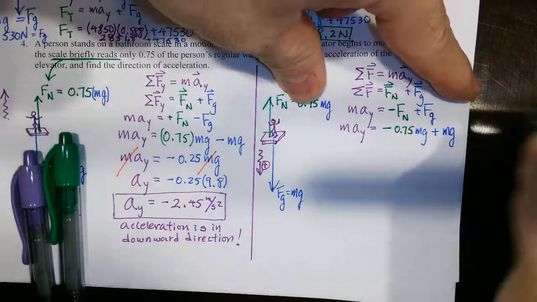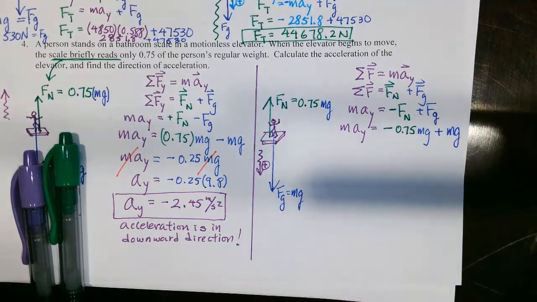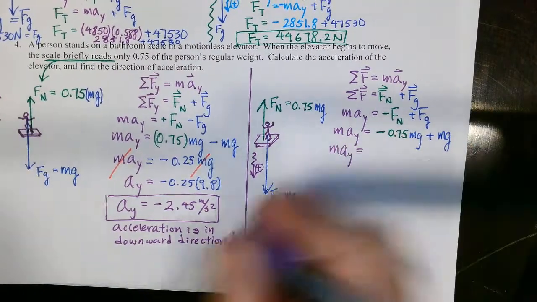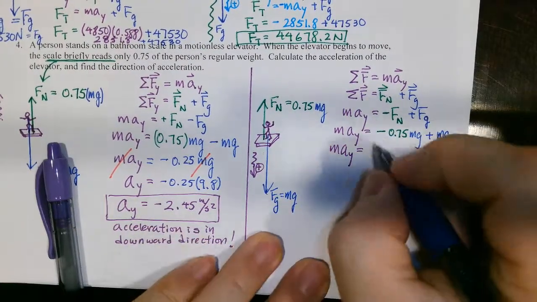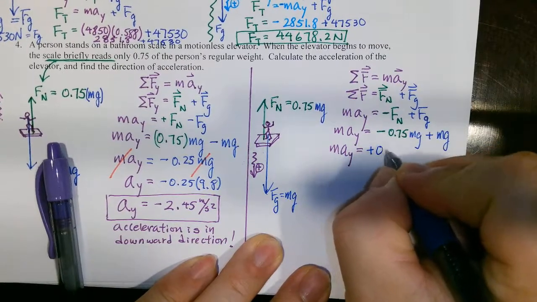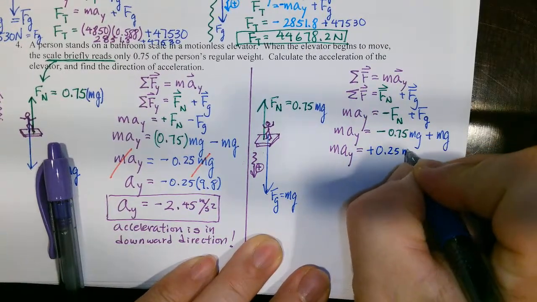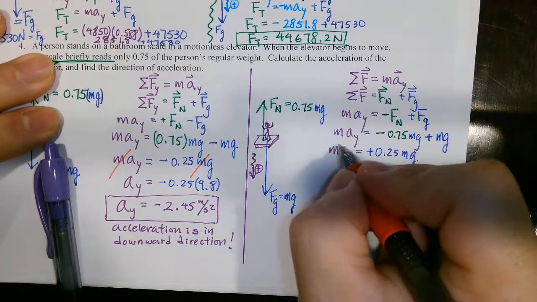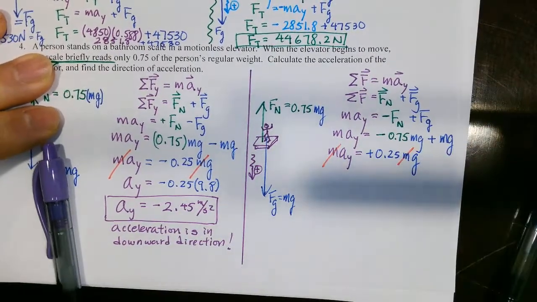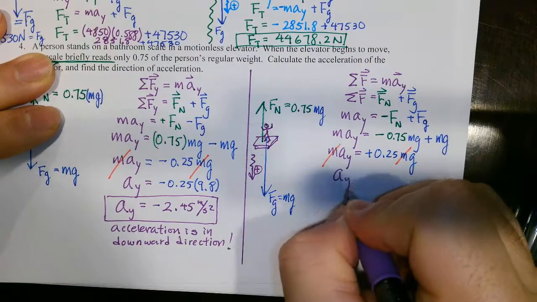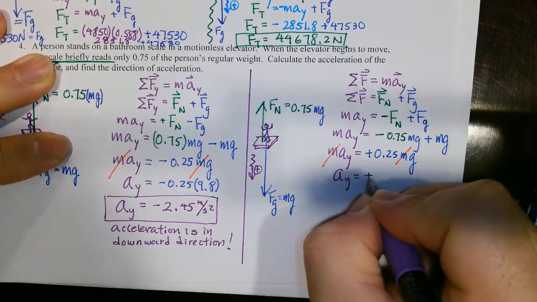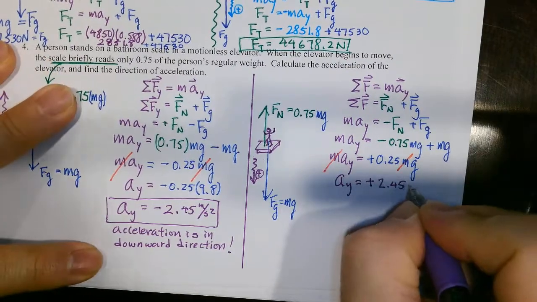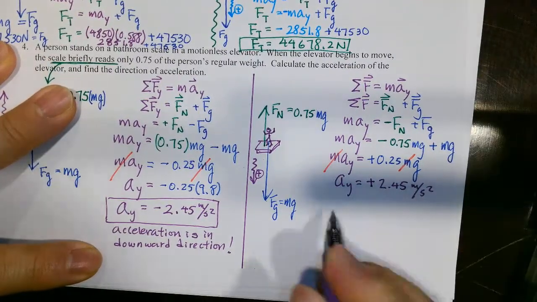This is 1 mg, right? So look what happens. MAY is equal to positive 0.25 mg. And since masses cancel out again, my AY becomes positive 2.45 meters per second squared. And that makes sense.